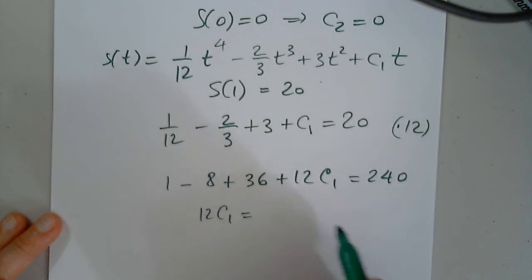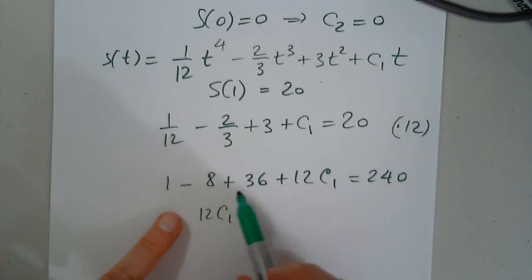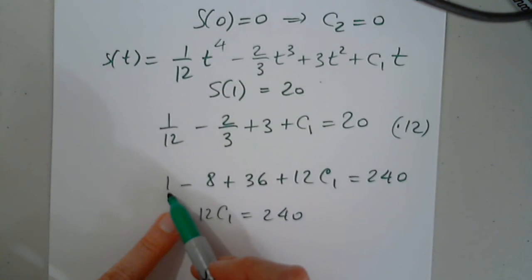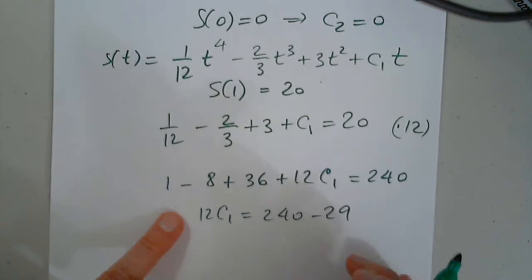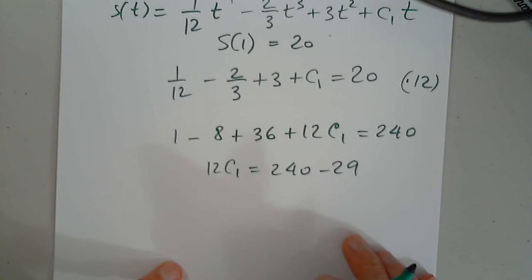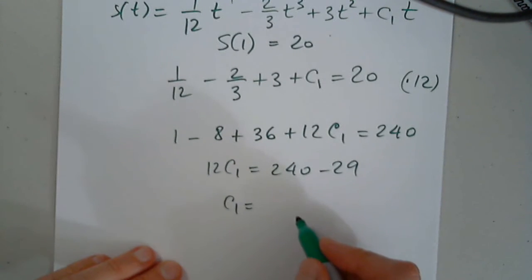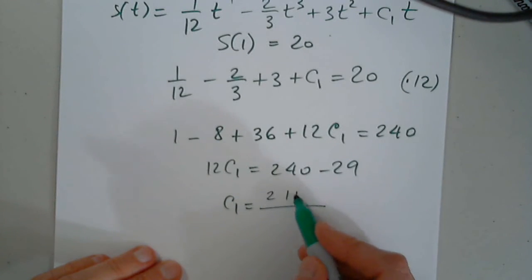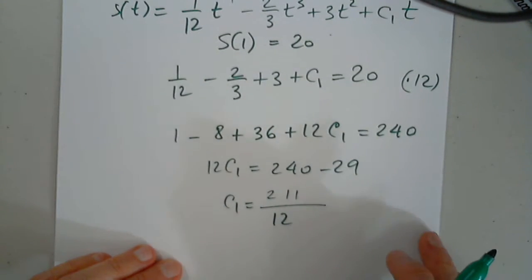So 12 c1 is 240. What do I have on this side? This is 37, right? 37 minus 8 is 29. So c1 equals, what is this? So it's 211, I think, divided by 12.